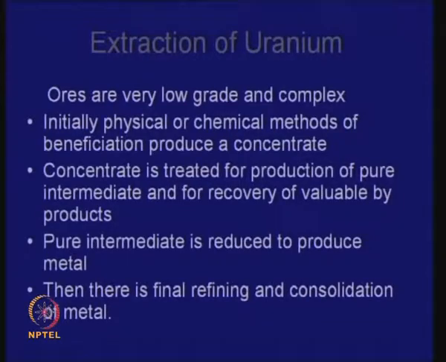You will see later on, a uranium ore means an ore where uranium content may be less than 1% or even smaller. So, we would essentially be dealing with low grade and complex ores, which will require equally complex mineral beneficiation processes, some of which I have touched on in the initial stages of my lectures.